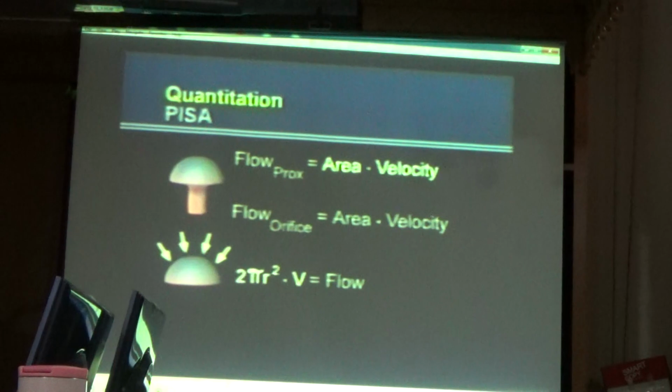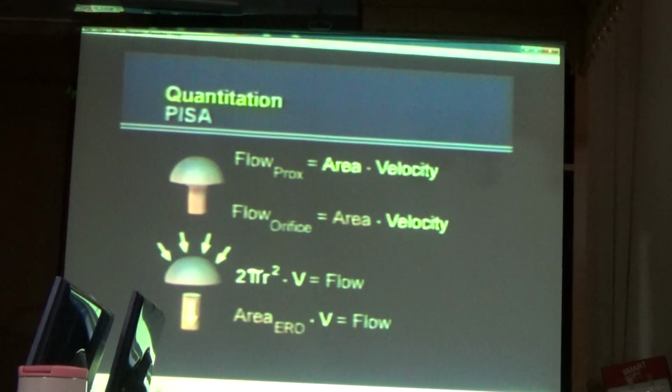Now we want to look at distal flow, the other half of the continuity equation. Area is the unknown. We want to calculate the effective regurgitant orifice. We can get the velocity by taking continuous wave Doppler and looking at the mitral regurgitant velocity. So we have the velocity. Now conservation of mass says flow equals flow across this parallel system.